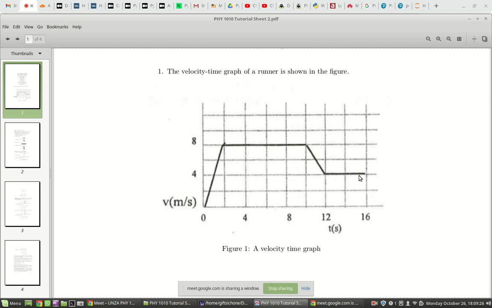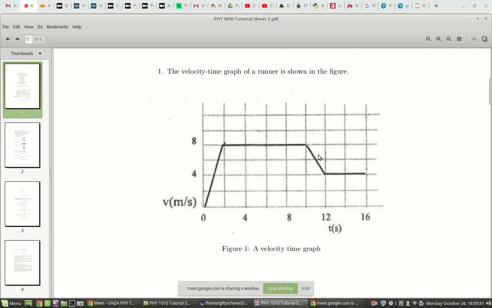So there's a part where the velocity is changing, that is this part here. So in this particular time where the velocity is changing, definitely there's acceleration there because there's change in velocity. Then between 2 seconds and 10 seconds, you can see that the velocity is the same, 8 meters per second. So from 2 seconds to 10 seconds, there is no acceleration.